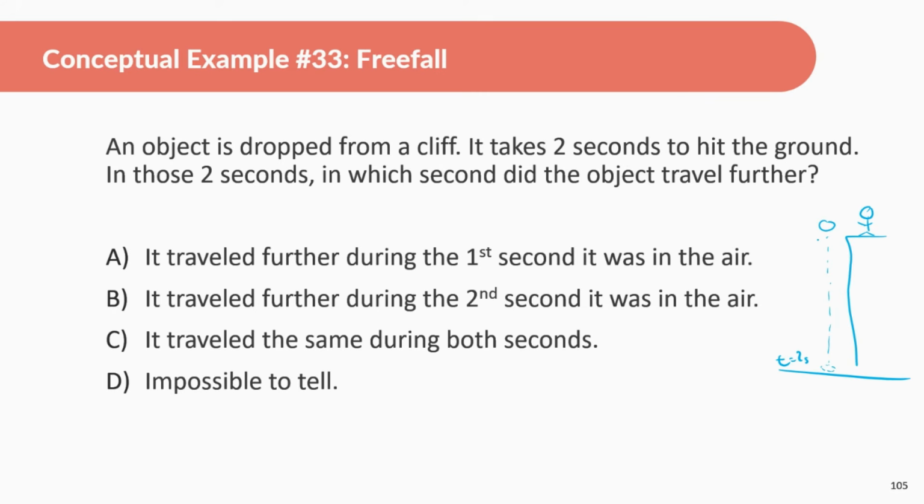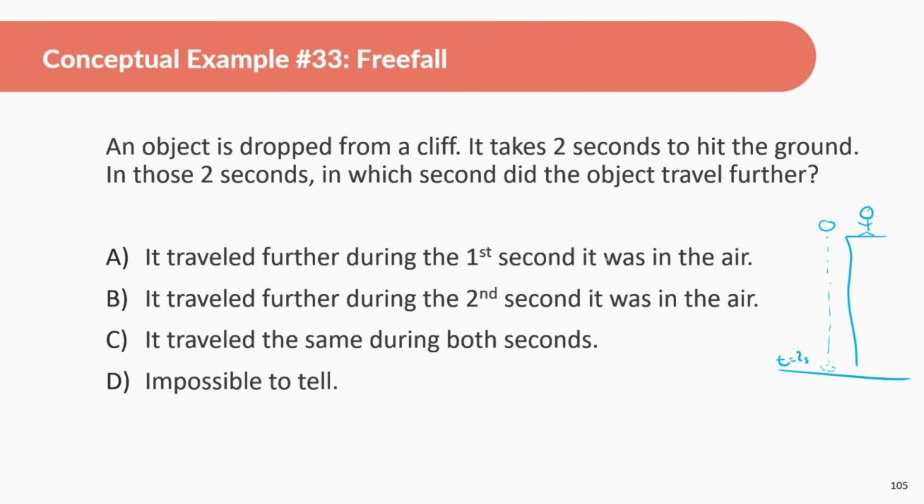If it went further during the first second, and then this would be the second second, what does it look like? That's option A. So again, it's always good to draw it out because you may be feeling confused, but once you draw it out, it makes more sense visually.